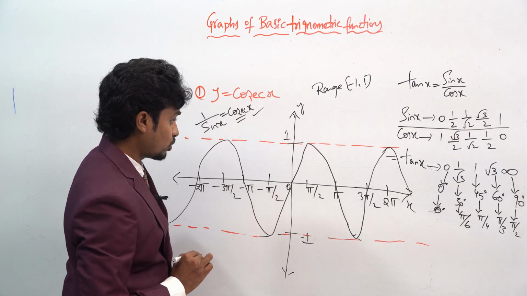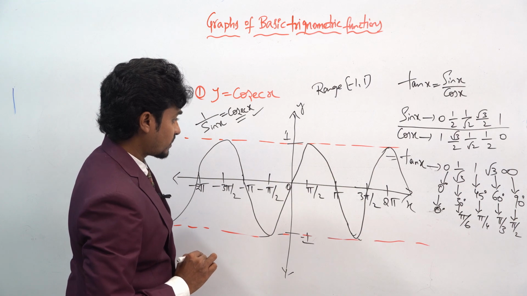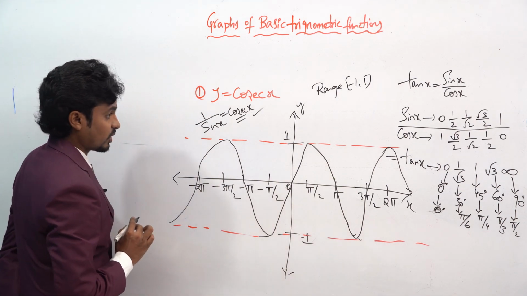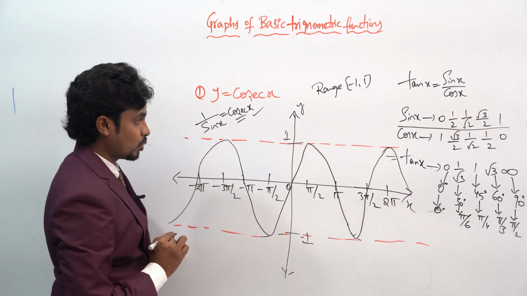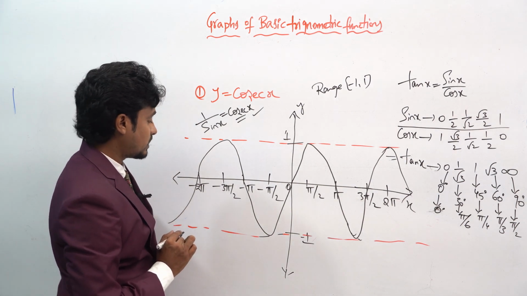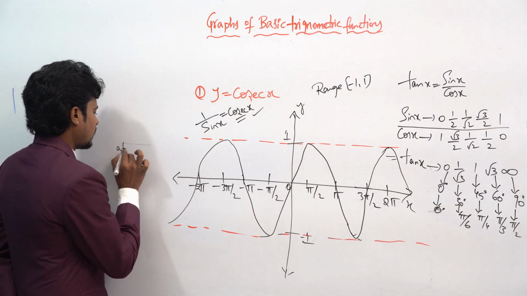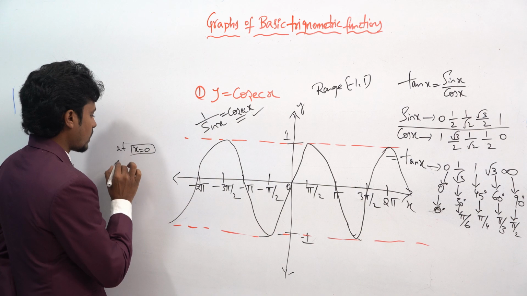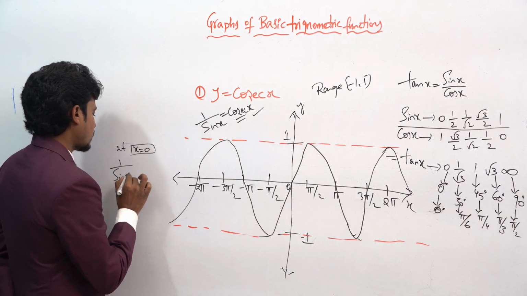Now what we have to do? We have to check for the asymptotes, right? Yes, check for the asymptotes. Put x is equal to 0, what will happen? At x is equal to 0, 1 divided by sin 0.